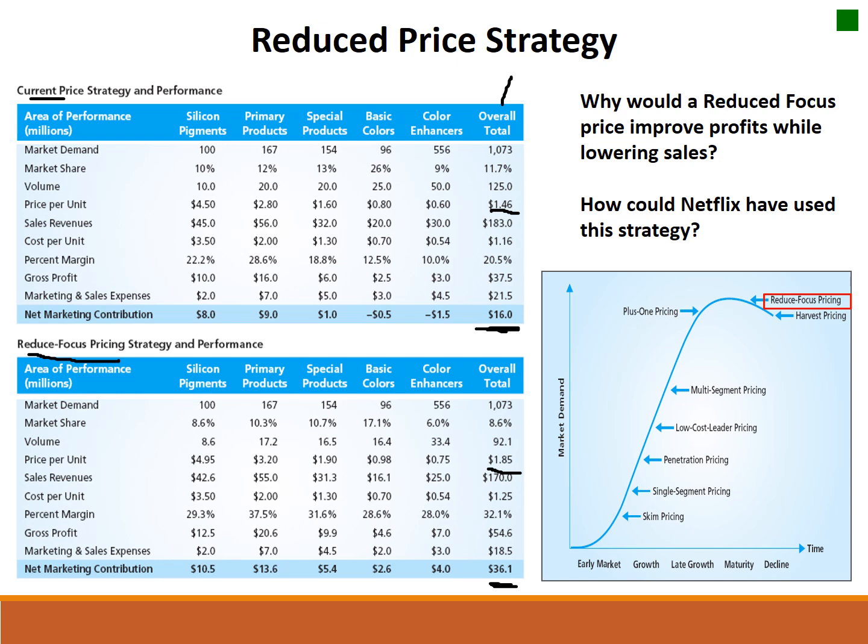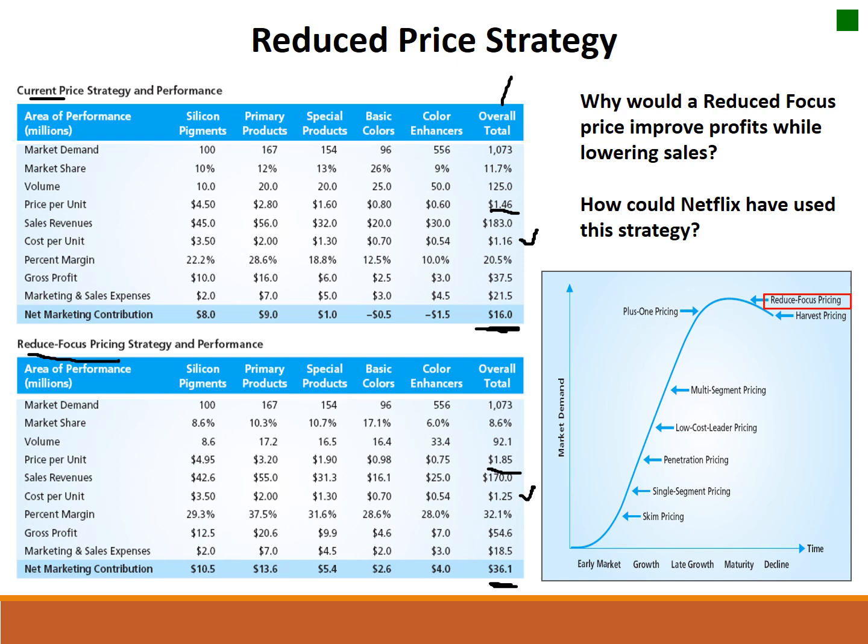Costs per unit go up a little bit because you're dealing with a slightly smaller volume and you're losing some of your volume discounts. So price per unit goes up, so costs go up a little bit, but they don't go up as much as your revenue does, and your sales don't drop as much.